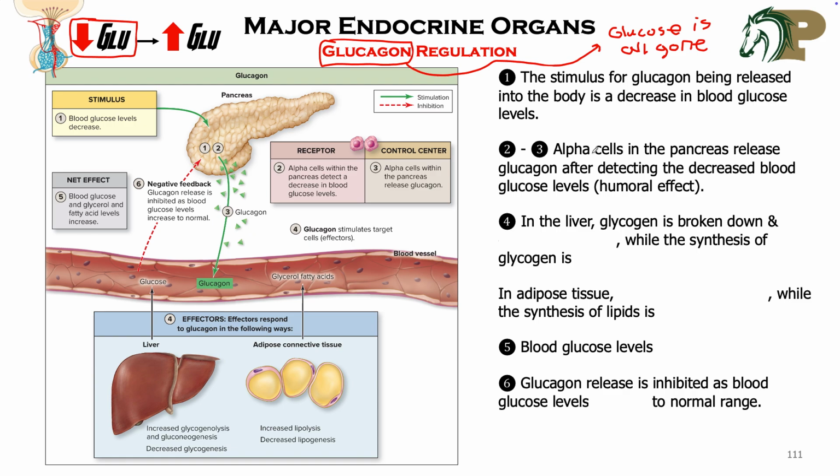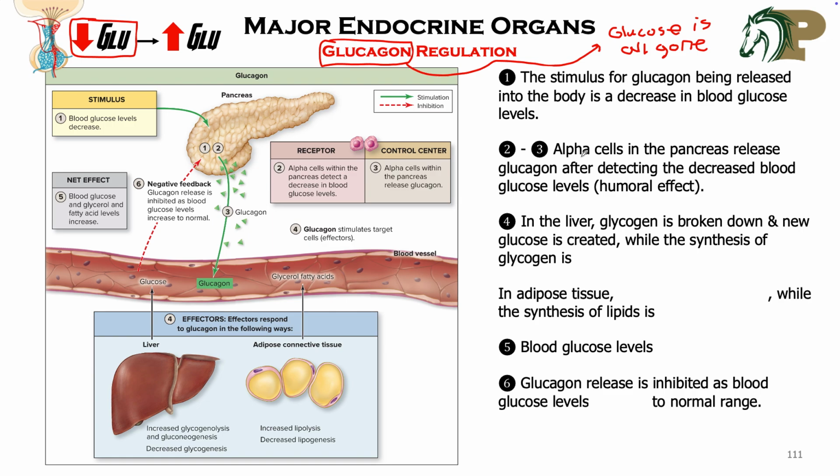Okay, so with insulin, glycogen was being built up because we had increased blood glucose levels. Here, we want to take those glucose stores of glycogen and break them down. In addition, new glucose is created.